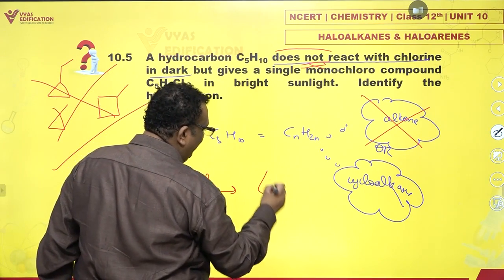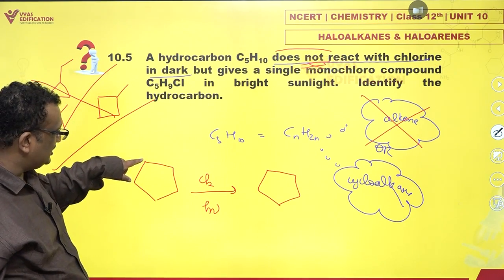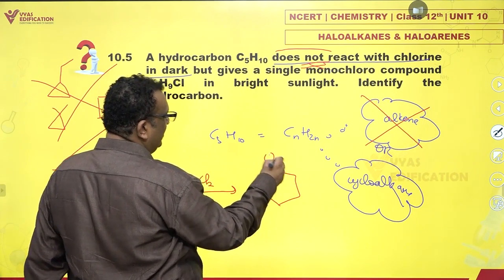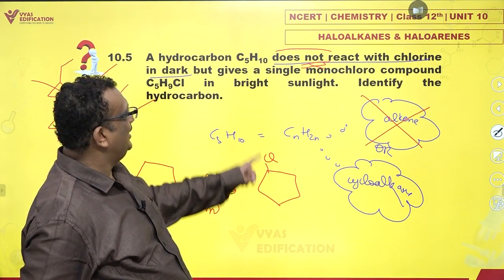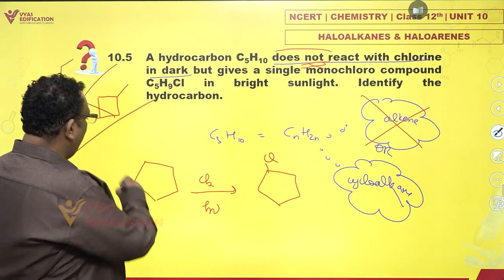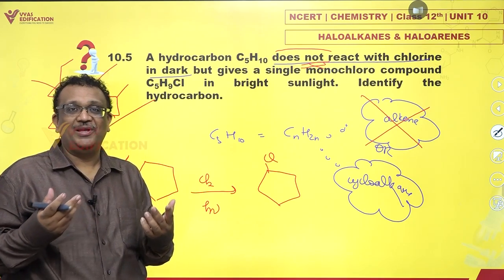There are 1, 2, 3, 4, 5 carbon atoms. If I substitute Cl here or here or here or here or here, in every case, I would obtain the same compound, chlorocyclopentane. It is a single monochloro compound. This is the one. The hydrocarbon must be cyclopentane.